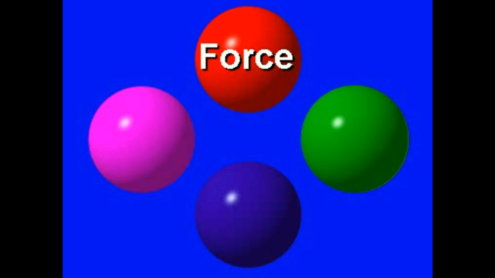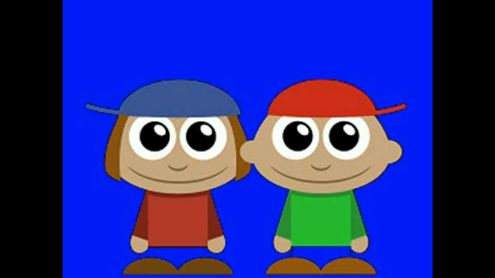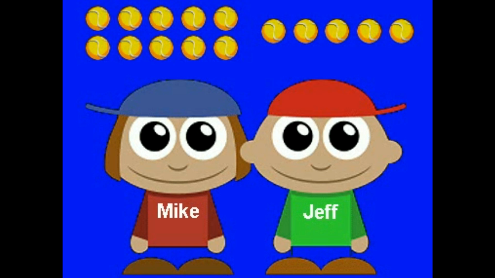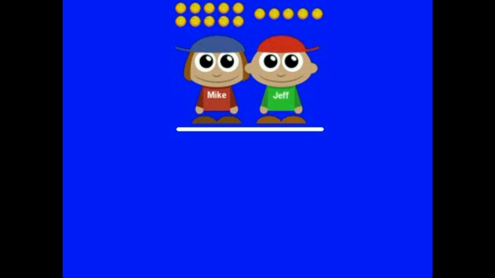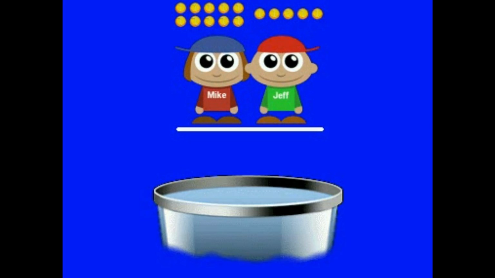Before I show you how to determine force, though, let me give you another simple example that I present to all the children I teach. Let's say we have two young boys. I'll name them Mike and Jeff. Now I hand Mike 10 tennis balls and Jeff 5. Draw a line on the floor and place a basket on the floor several feet away. Then I tell them to stand behind the line and toss as many balls as they can get into the basket.